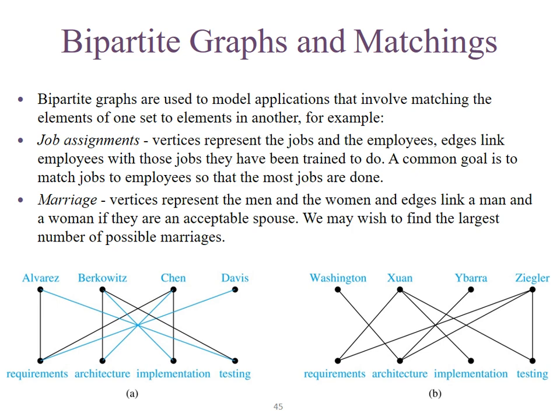And for architecture design, we have Berkowitz and Chen responsible for this task. You can also draw a marriage bipartite graph, because for marriage we need 2 persons. So from the first category and second category we choose 1 vertex each, and we use the edge to indicate they get married.